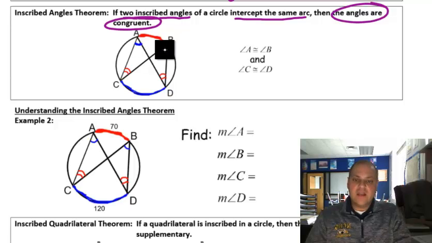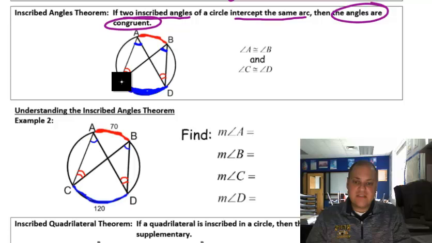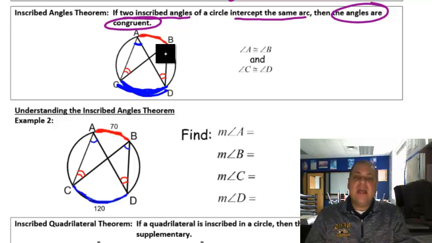Here's angle A, and here's angle B. Angle A is an inscribed angle. Angle B is an inscribed angle. Angle A intercepts what arc? It intercepts arc CD. Angle B also intercepts CD. Both of these angles intercept the same arc.